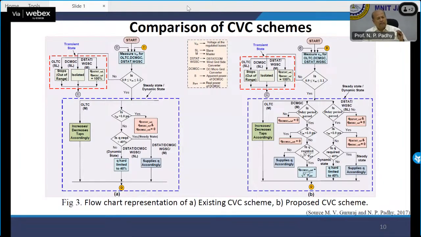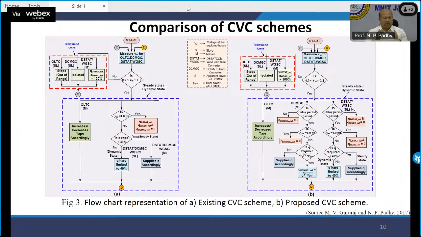The moment the voltage falls below 0.9 or goes above 1.1, you are in serious trouble. That is not acceptable. That is called my transient state. Now, if it is within limits, then it could be either steady state or dynamic state.